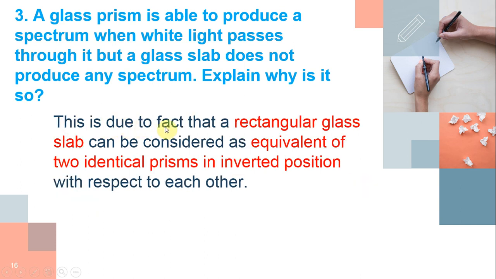This is due to the fact that a rectangular glass slab can be considered as equivalent to two identical glass prisms in inverted positions with respect to each other. So we can join the two identical prisms. We can form the rectangular glass slab.